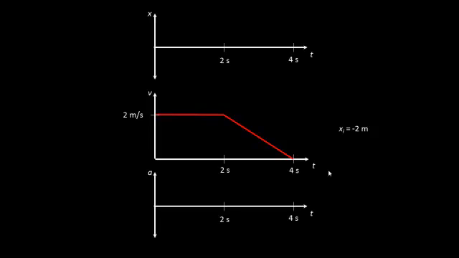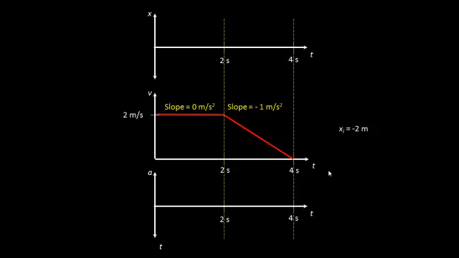So again, as I suggested, it's usually easier to translate down. So let's start with our acceleration versus time graph. We're going to break this up into time segments: the first 2 seconds and then the second 2 seconds. We see that the slope for those first 2 seconds is just 0. And for the second 2 seconds, we have a rise of negative 2 meters per second as it drops, and a run of 2 seconds.